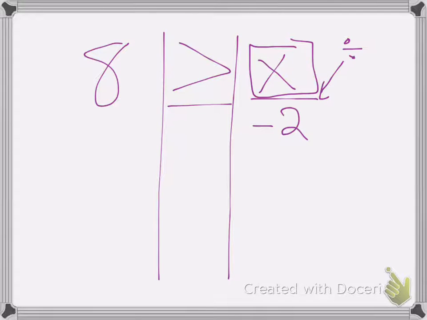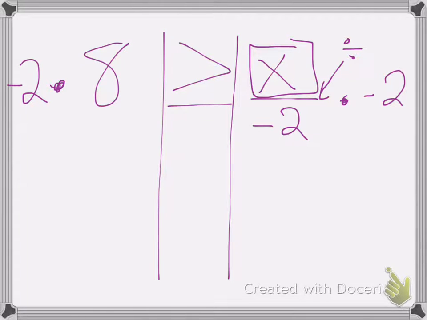To get rid of division, I have to do the opposite operation of division, which is multiplication. So I multiply this side by negative 2 because we're trying to get rid of the negative 2. If I do it to one side, I also have to do it to the other.